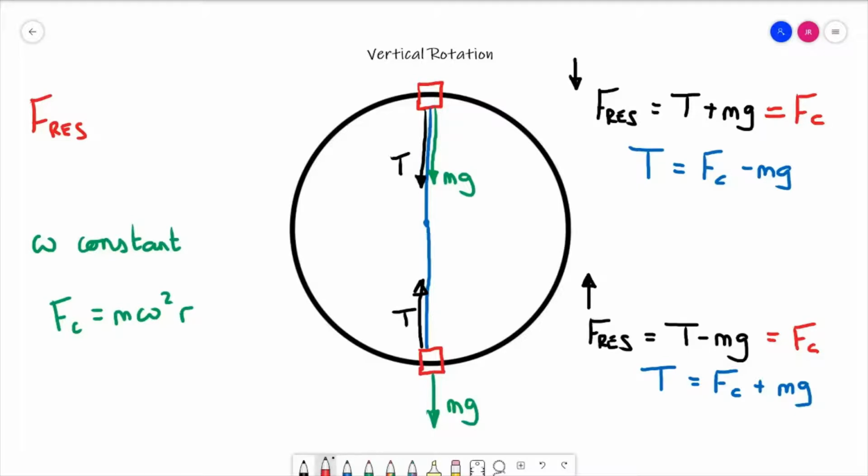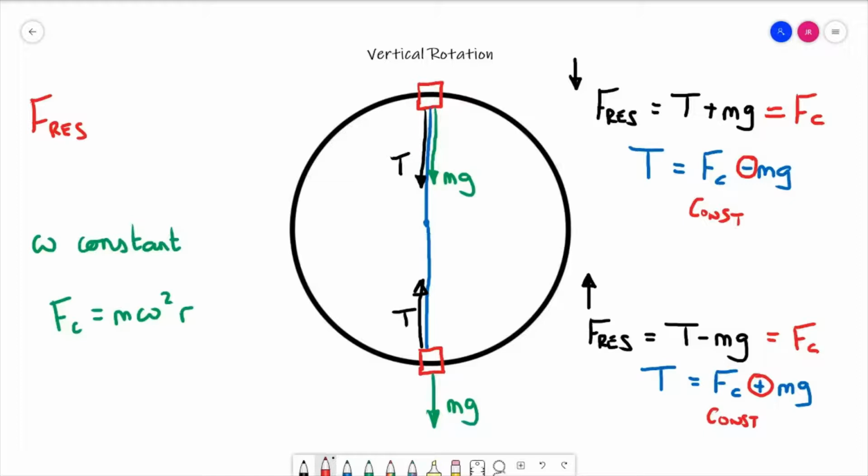When we consider that back over with our tension, if centripetal force is a constant in both of our equations, the weight will also be a constant, and therefore the negative sign here and the positive sign here tell us quite a lot about the tension.